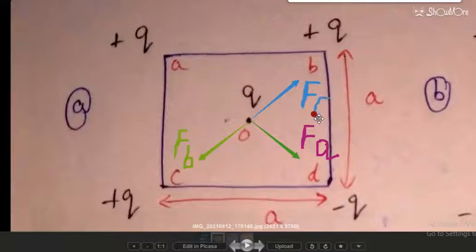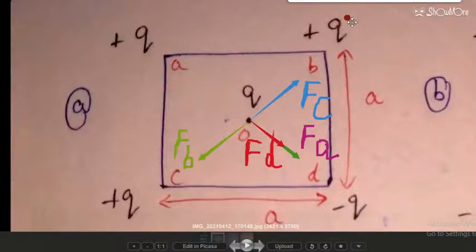Now I am left with one more charge, and that is minus Q. So minus Q charge will attract this positive charge. This will be the direction of force which is due to charge D.